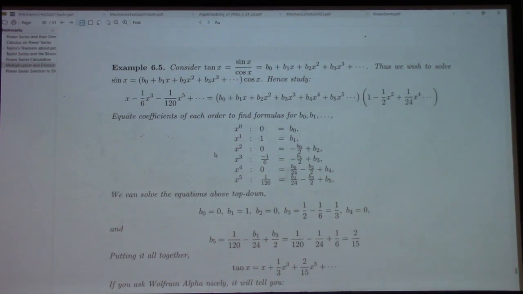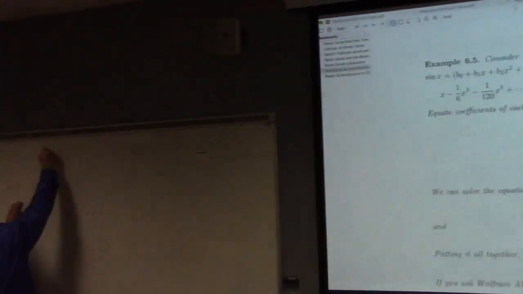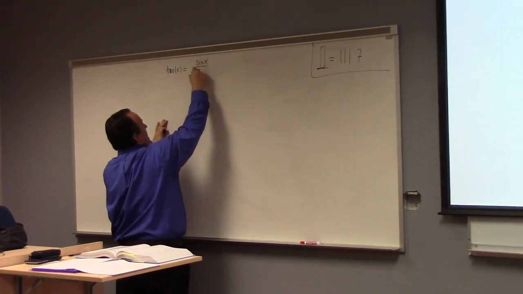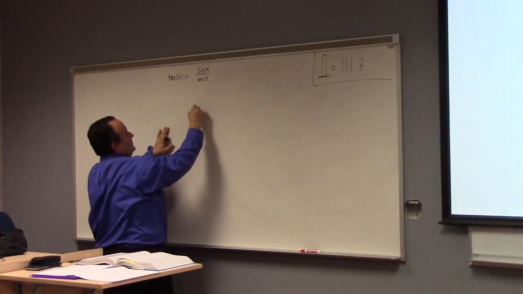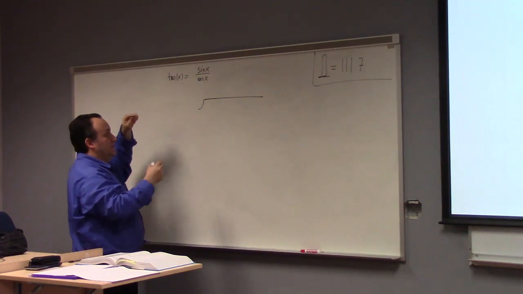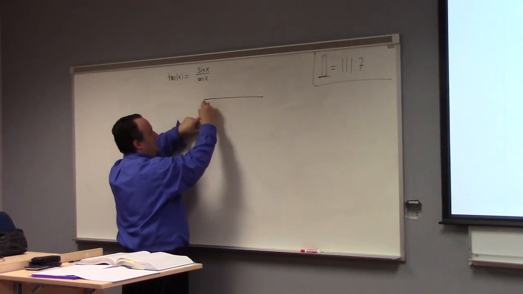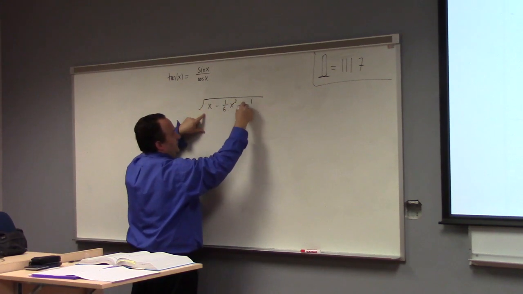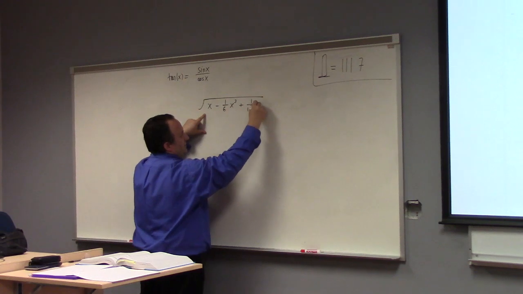We can do long division for this one more easily. Because tangent x, like we said at the start, is sine x over cosine x, right? So all we do is we put the power series for sine in here, which is x minus 1/6 x cubed plus 1 over 120 x to the 5th.